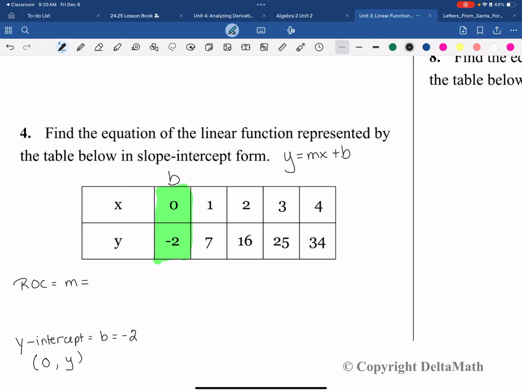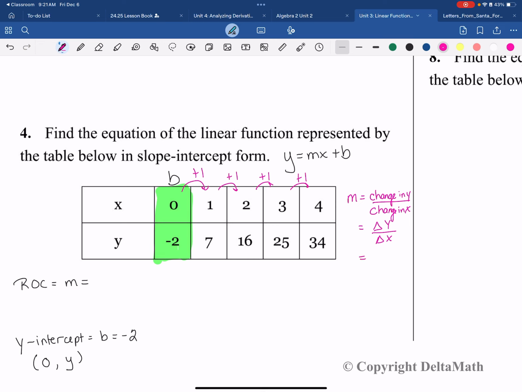Now I need to figure out my slope. And so I'm going to do the same thing. And remember, your slope is your change in y over your change in x. In physics and in math, because we use this change in so often, we oftentimes just use a triangle to represent that change in. So change in y over change in x, and you're welcome to do that as well. So notice my change in x. I'm adding 1, adding 1, adding 1, adding 1.